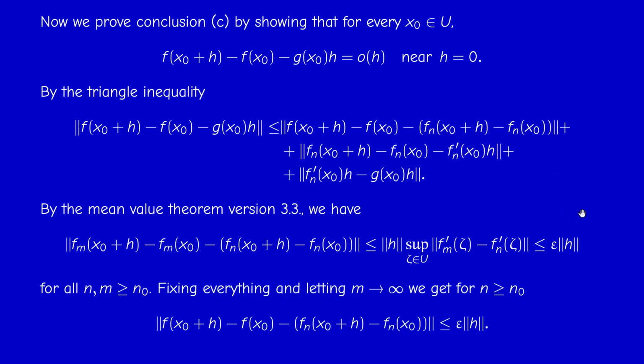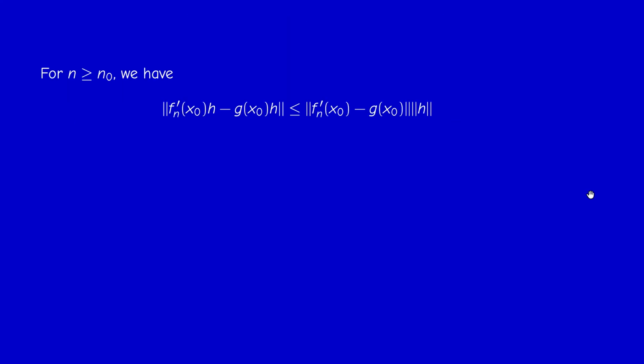Okay, so if in this inequality we fix everything and let m tend to infinity, then you get f of x0 plus h minus f of x0 minus this fn is less or equal than epsilon times norm of h. So the first term here is less than epsilon norm of h.